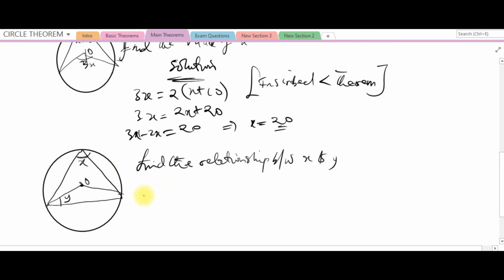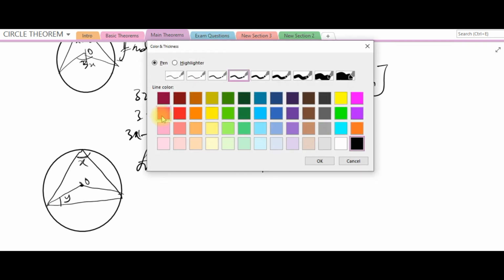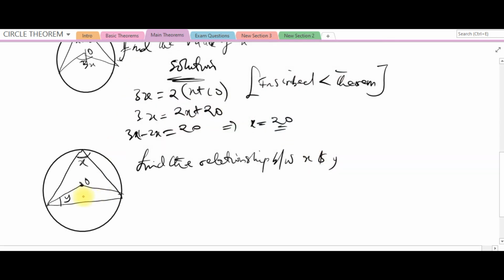So the solution is direct. Since this is the center of the circle, we know that here must be 2x based on the inscribed angle theorem, and here must be y based on the isosceles triangle theorem, and we form a triangle OAB.